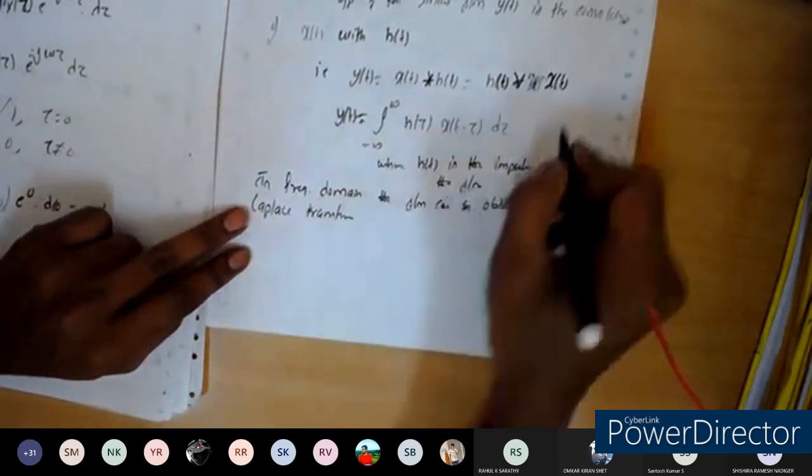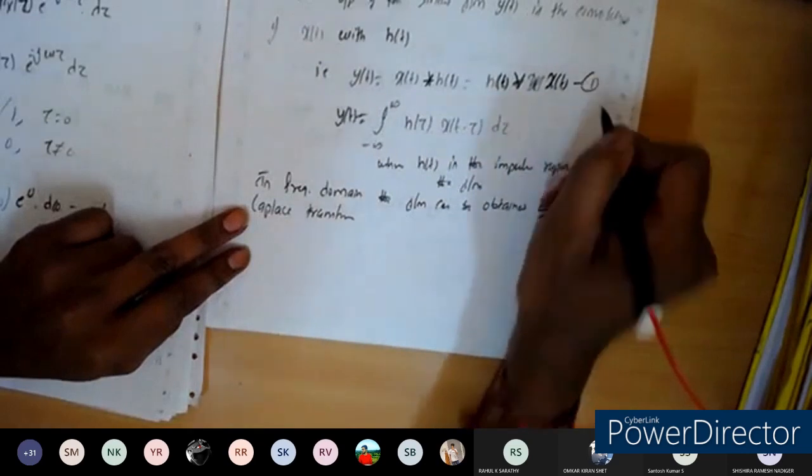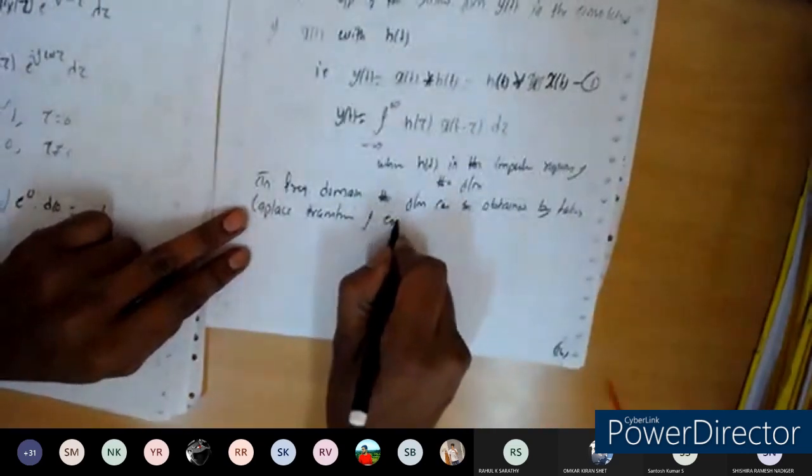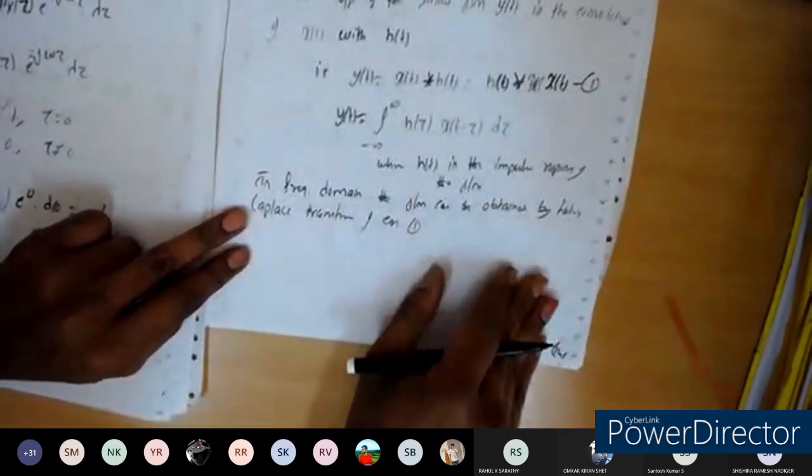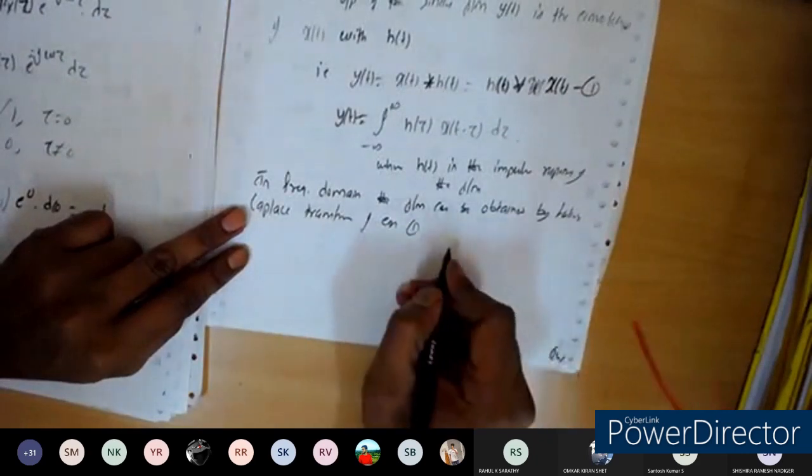We can call this equation number 1, and here is the Laplace transform of equation 1.